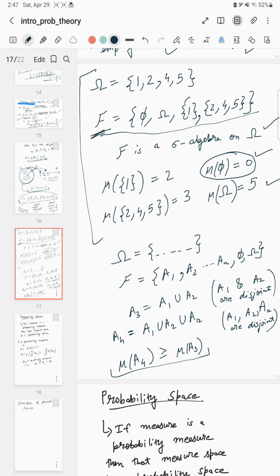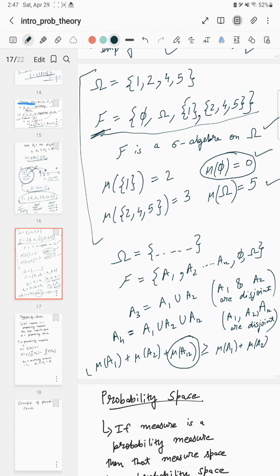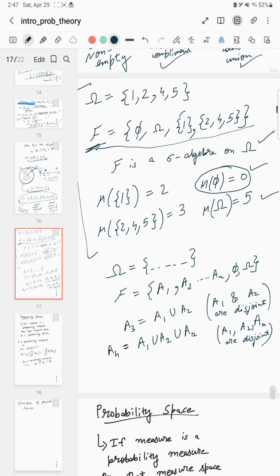Why is that? Because you can expand A4 as mu of A1 plus mu of A2 plus mu of A12, sorry, and this will always be greater than or equal to mu of A1 plus mu of A2, because the measure of any such A_i is greater than or equal to 0. So this is always greater than or equal to 0, and these quantities are equal. Hence, we can see that this is monotone in nature.